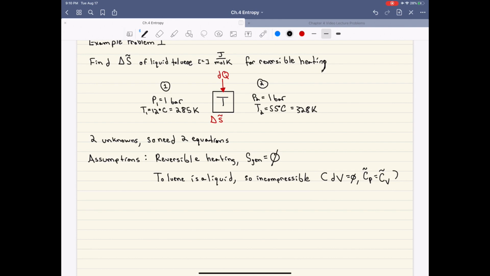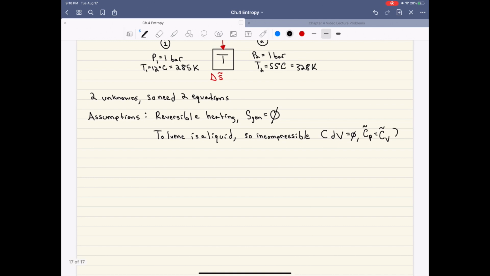The next step is to go through our three different types of balances. The first is our material balance: A is equal to I minus O plus G minus C. There's no reaction going on, and this is a closed system. That means the initial moles or mass in the system is equal to the final amount.